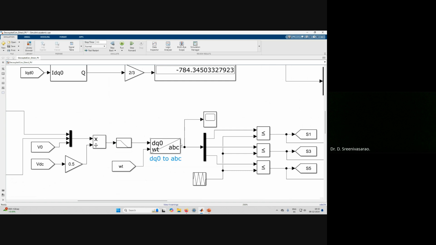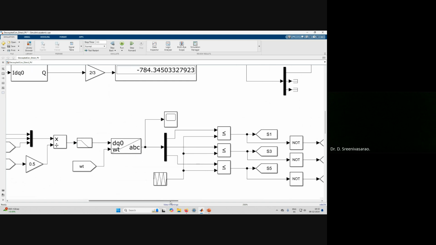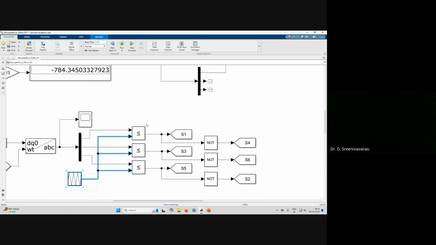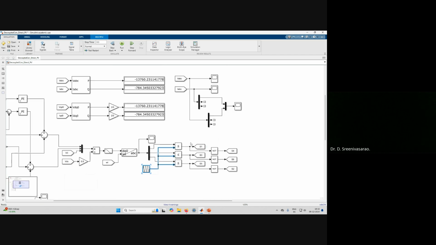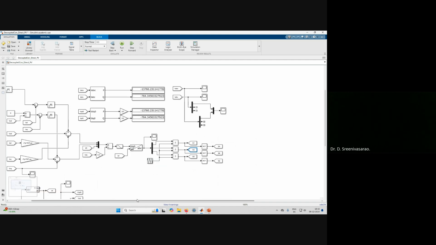From dq0 to abc reference frame, we now obtain the modulating signals, and these modulating signals are compared with the triangle carriers here. From this comparison, we can generate the switches for the individual phases. This is S1, S4 for A phase, S3, S6 for B phase, and S5, S2 for C phase. Right, understood.